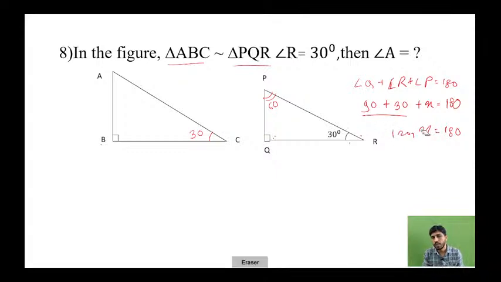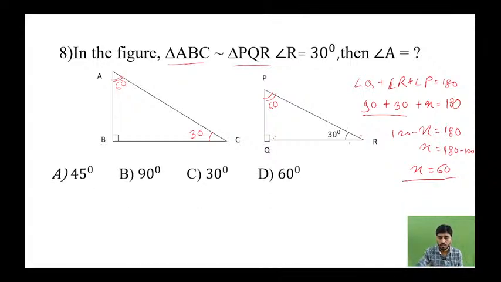So subtracting 120 from both sides of the equation, here we will get X will be equal to 180 minus 120. We know that the subtraction is 60. So obviously the third angle is going to be 60, and as both triangles are similar, there is correspondence between ABC and PQR respectively. So this angle is also going to be 60 degrees. So angle A is 60 degrees. So D is the correct option.